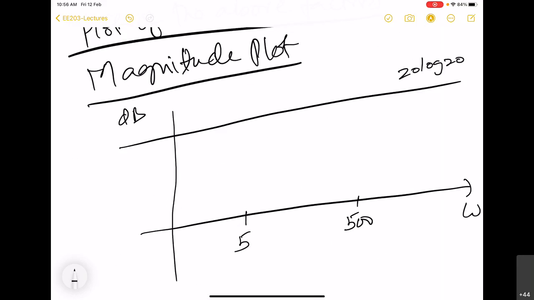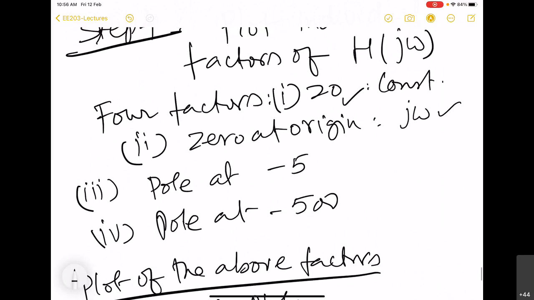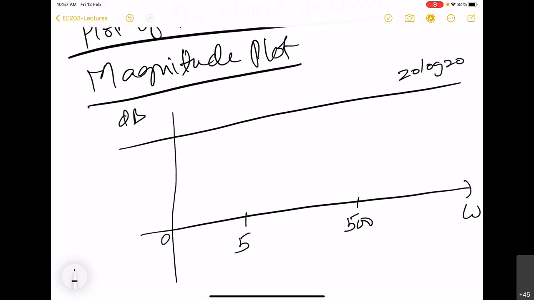Right. Then the second term is zero at origin. Right. And we know that this will give rise to a straight line passing from omega is equal to 1 on the absolute axis, but log omega is 0 from this origin, because this is log axis. So it will pass from here with slope, here we will represent this point as 1.